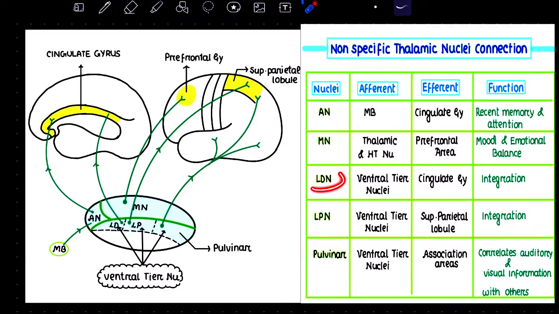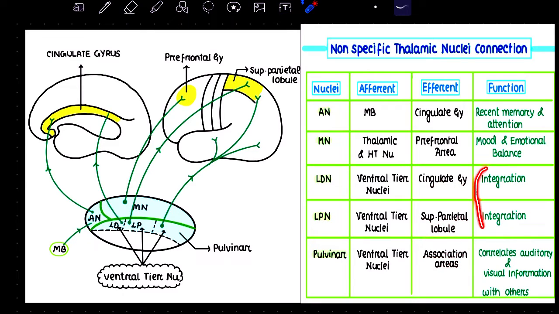Similarly, we have the lateral dorsal nucleus, lateral posterior nucleus and pulvinar, all of which have the same afferent from the ventral tier nuclei. The lateral dorsal nucleus will send efferent fibers to the cingulate gyrus, the lateral posterior nucleus will send it to the superior parietal lobe, and the pulvinar will send it to association areas.